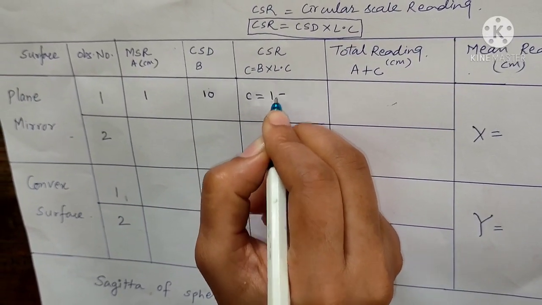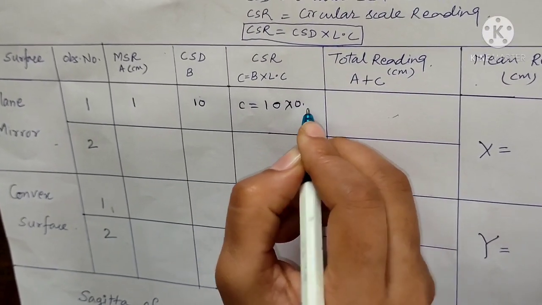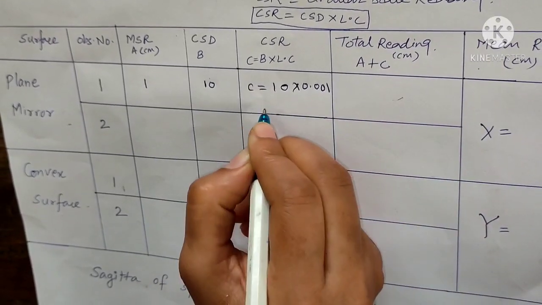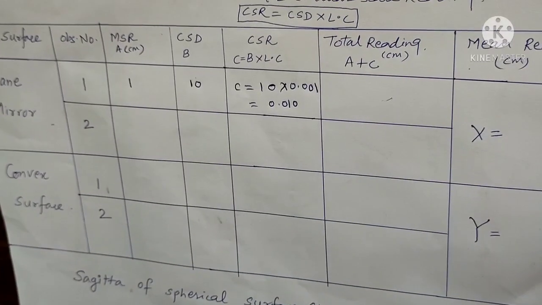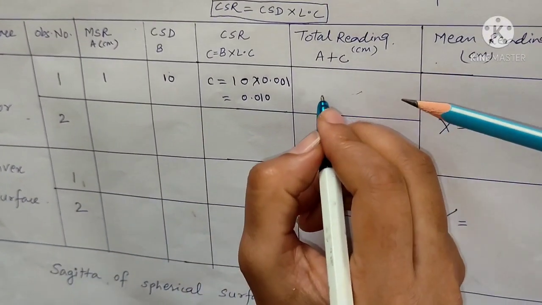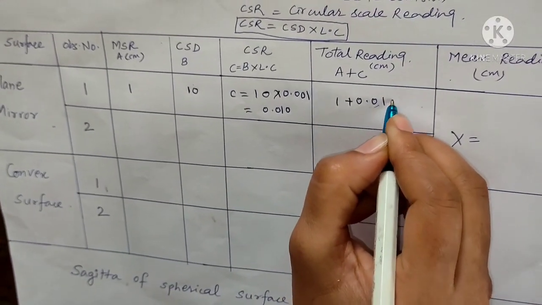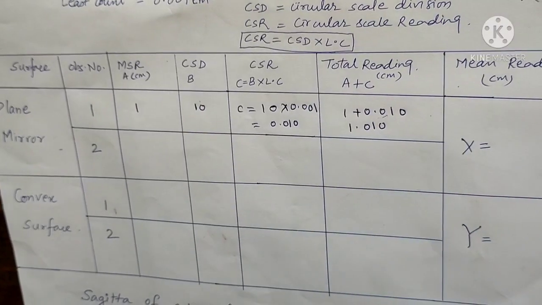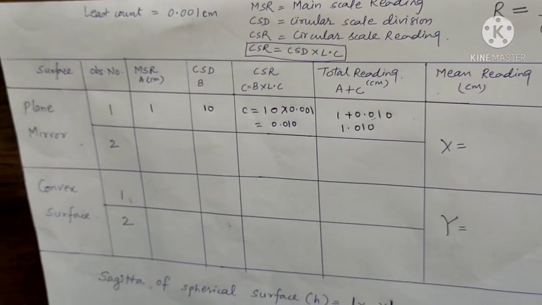Next column, circular scale reading, which is circular scale division into least count, that is 0.001, right? So when you multiply that by 0.001, you get 0.010. Then next is total reading. So main scale reading plus circular scale reading, that is 1.010 centimeter. This is the first observation for the plane surface.